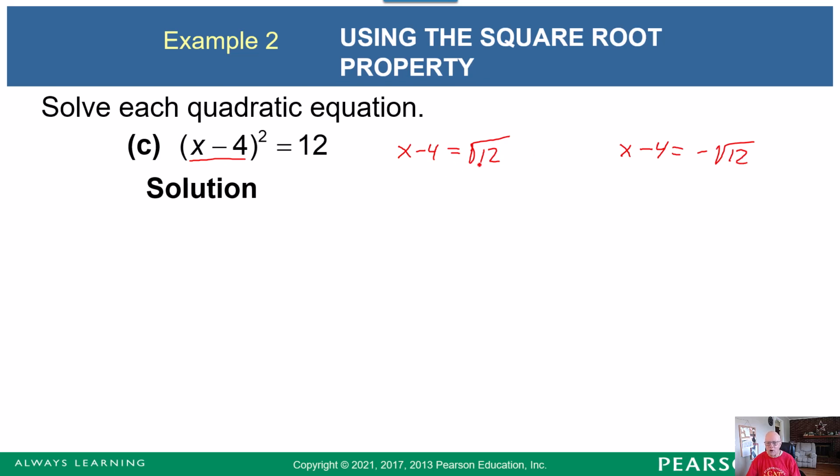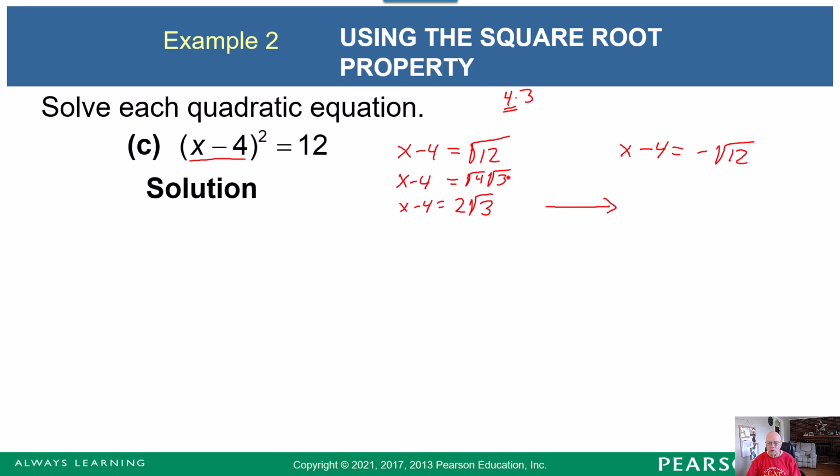Now we're going to do the hard work over here, and then that'll make it easy over there. So x minus 4 equals, now 12 can be written as 4 times 3, and we care about that because this works out even. So we have the square root of 4, square root of 3, so we have x minus 4 equals 2 square root of 3. Now we can fast forward over here.